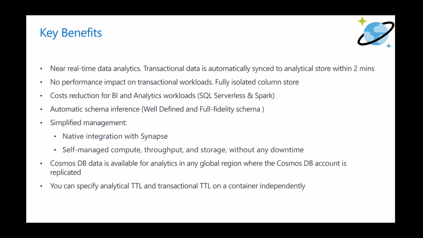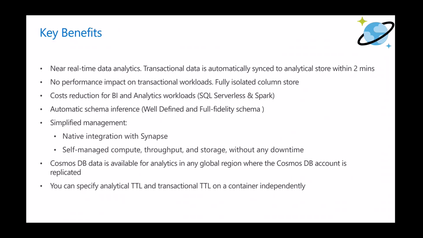So the benefits that we see here is that the data from the transaction store moves to the analytical store almost in near real time. It's less than 2 minutes. The two stores are completely isolated, so there is no performance impact from each other.